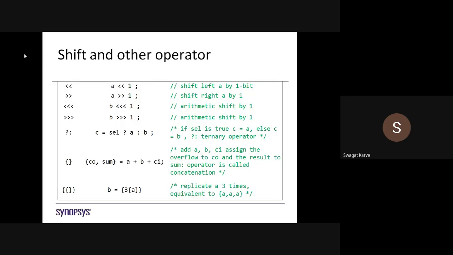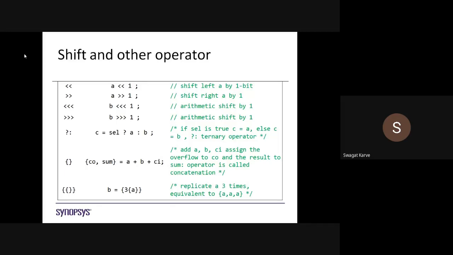That means whatever the first output it generates, it assigns to the first variable you used, that is co, and the result is always stored in the second one, that is sum. This is the concatenation operator. Now, for 4 times curly bracket, that means 2 opening curly brackets and 2 closing curly brackets.